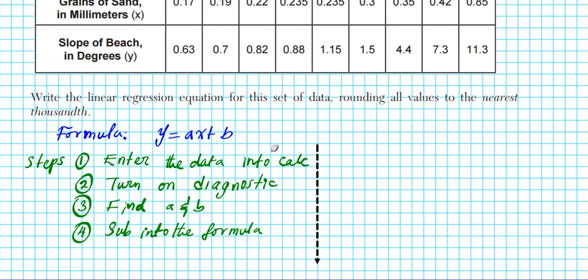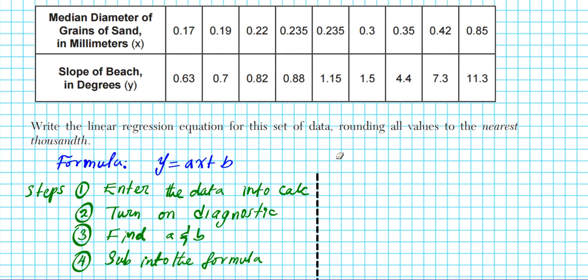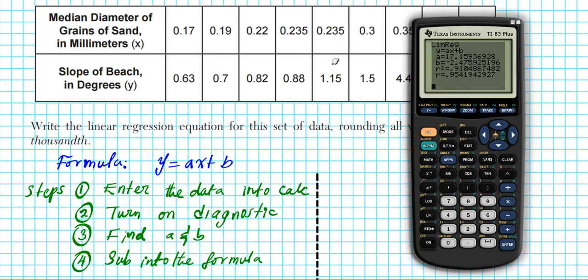So what you do first is step one. Let me bring back my calculator. So you enter this data into your calculator. Let's go home. Let's go to stats. Okay, so what you do is you go to edit.